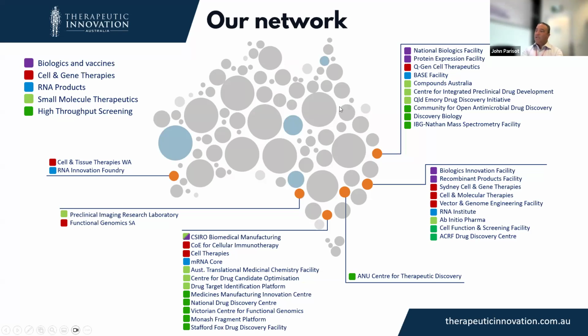So pretty much a great national spread. I think the only place we can add to this network is Tasmania. And you can see the colour coding here as well, for all the facilities mentioned. So please reach out to us if you need to be put in touch with any of the leads in these facilities.